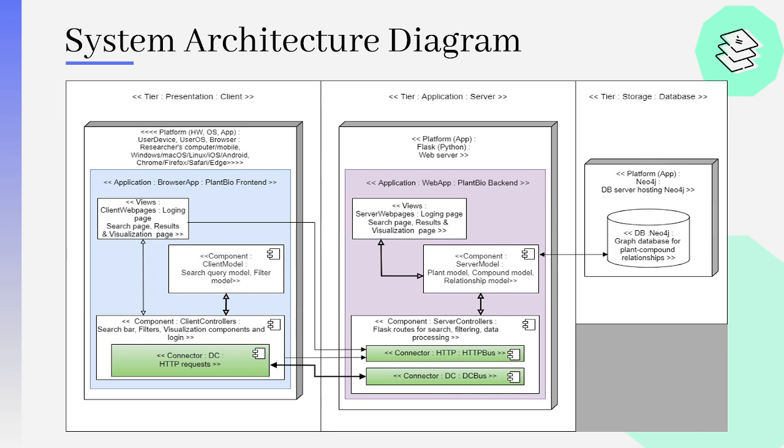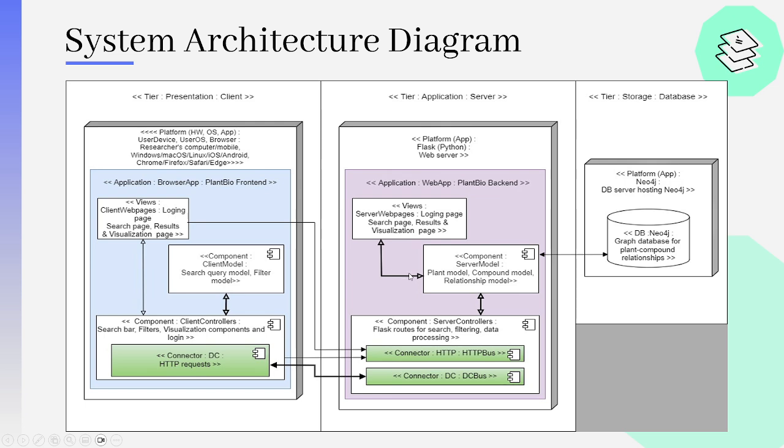So the front end provides essential features including user authentication, advanced search capabilities, and sophisticated data visualization tools. A well structured client side architecture manages user interaction through dedicated controllers, and maintains clean data management through the client model.